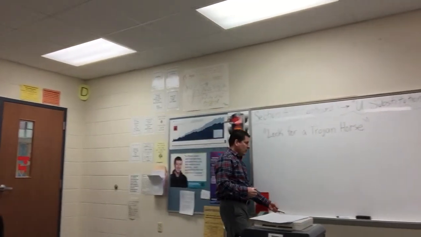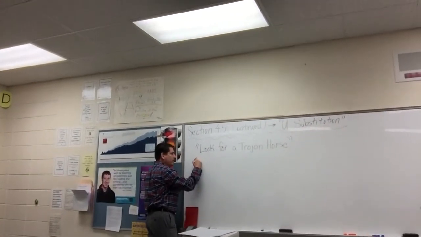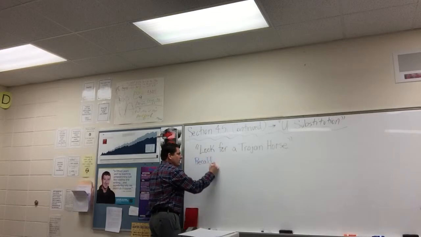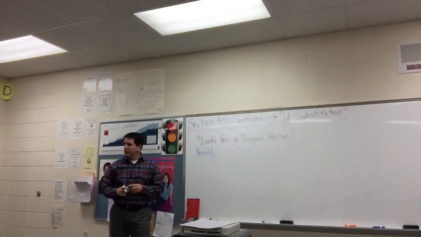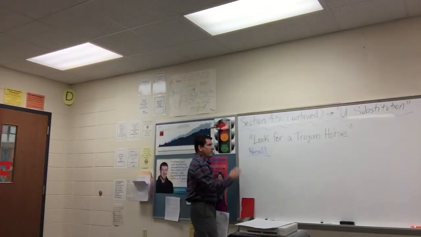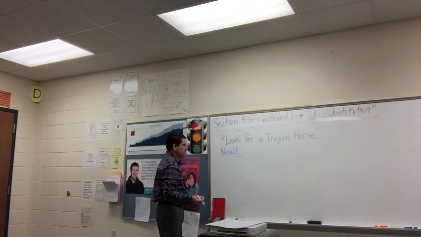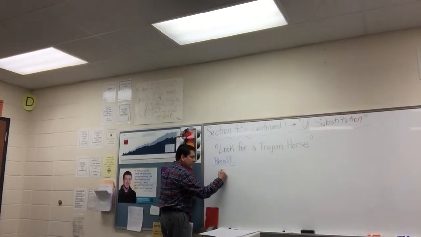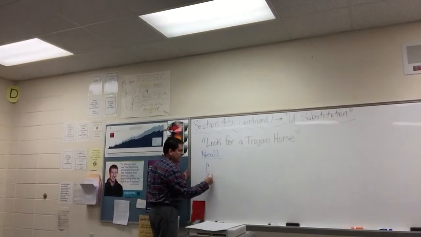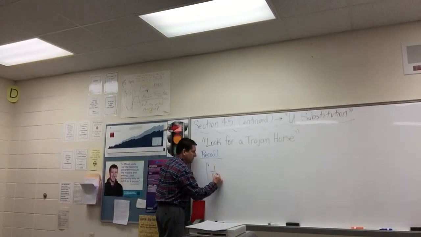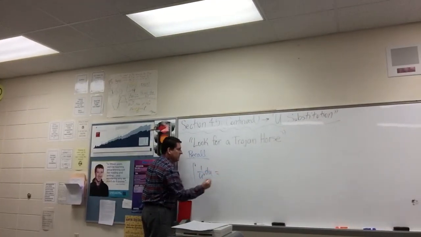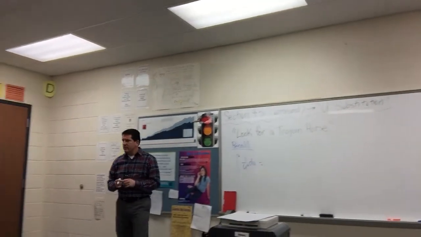All right, so I want to make sure we do a quick recall. Recall the fact that you can use any variable, but for the U substitution, we get in the habit of using U. So standard, if I gave you something like this, the integral of 1 over u squared du, go get me the answer to that.